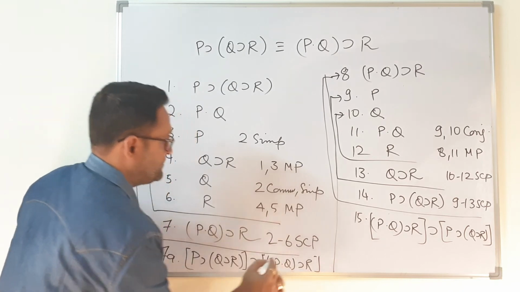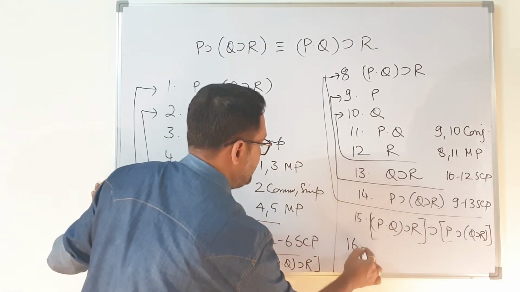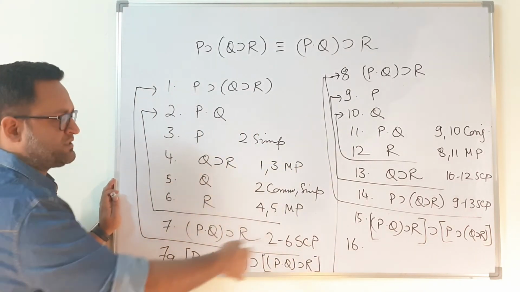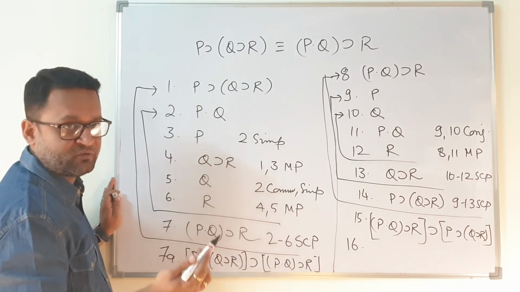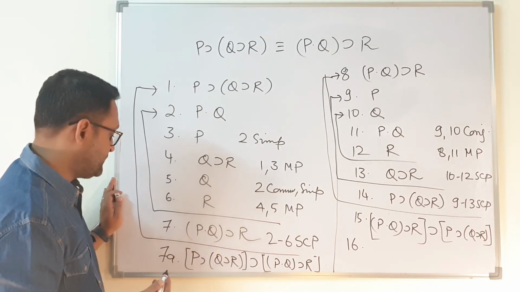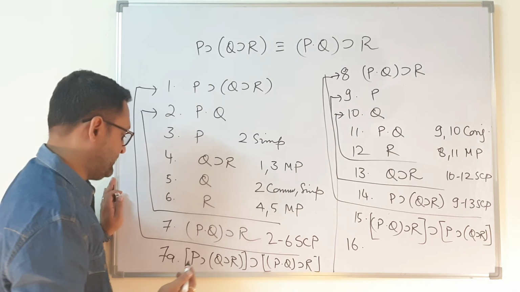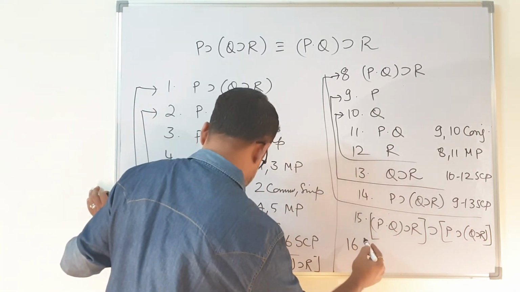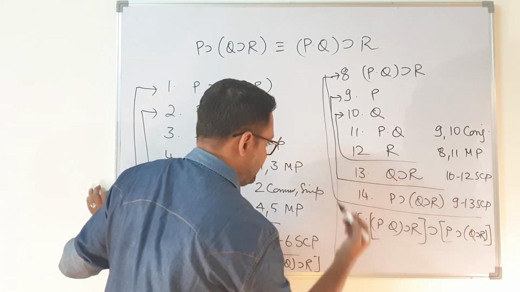Okay. So on line number 16, now it's just formalities, but still we need to finish the question in style. As per the rule, we will conjoin 7A and 15, right?